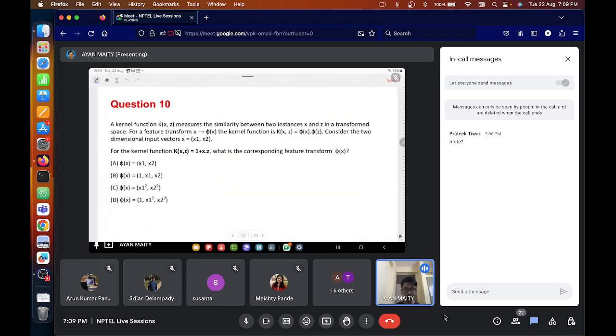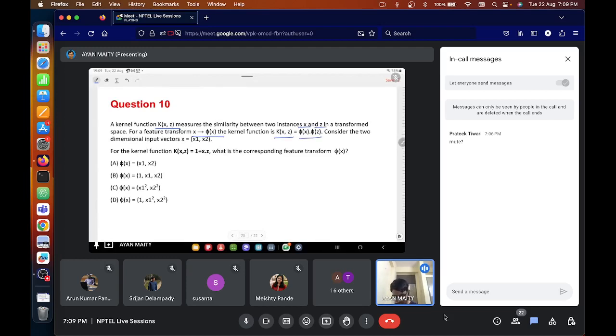Now question 10. This is the last question of the session. A kernel function k(x, z), where x and z are the two vectors or points given, measures the similarity between the two instances x and z in a transformed space. For a feature transformation x to phi(x), the kernel function is k(x, z) = phi(x) · phi(z).